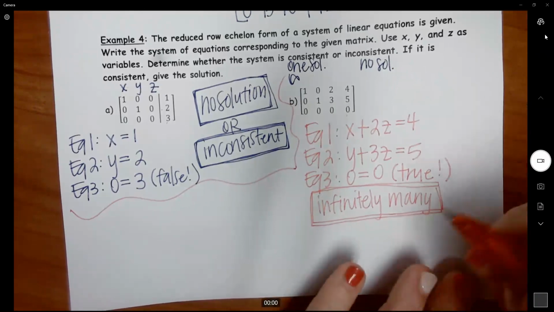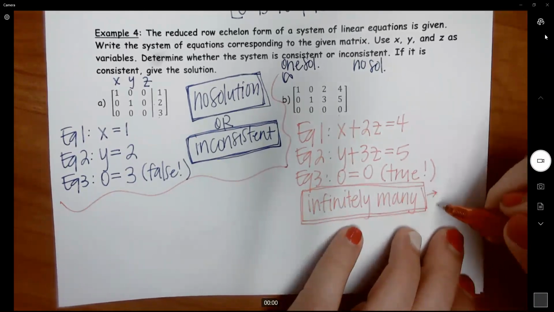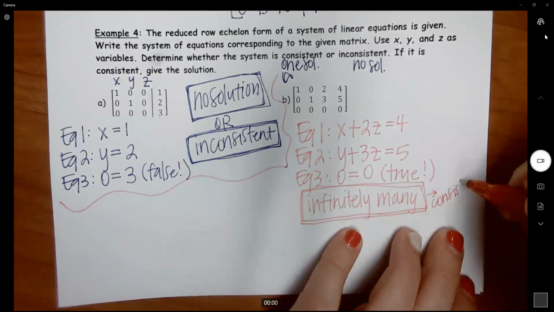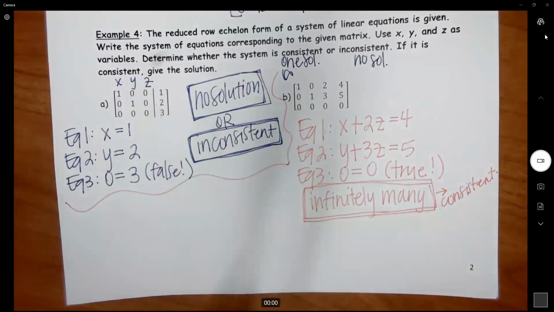Infinitely many is consistent. So if it is consistent, we must give a solution.